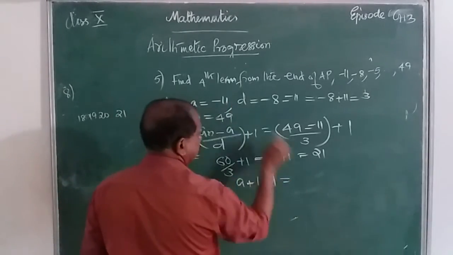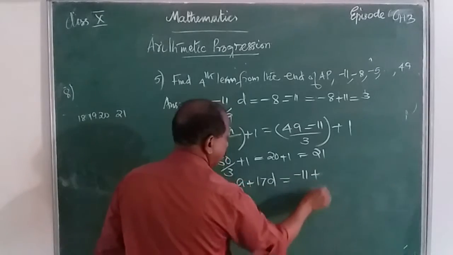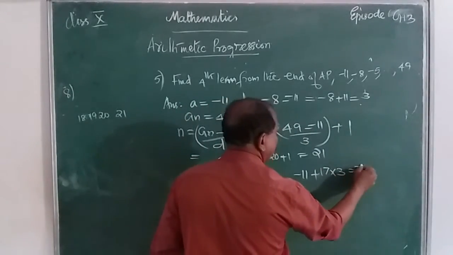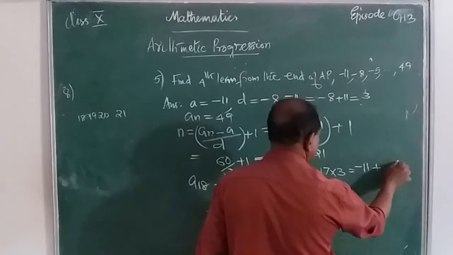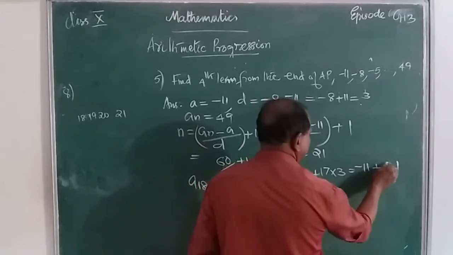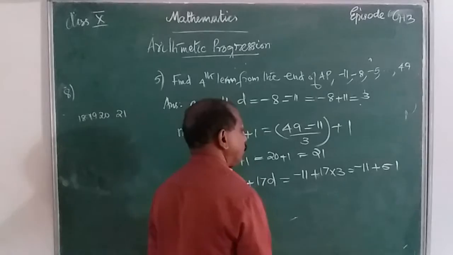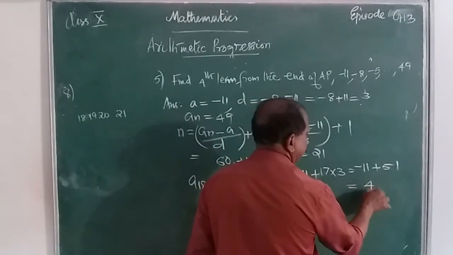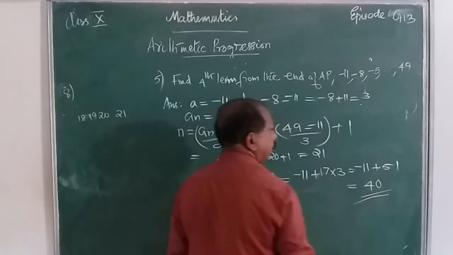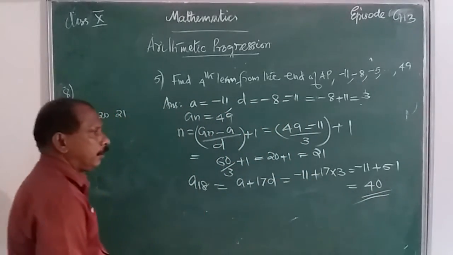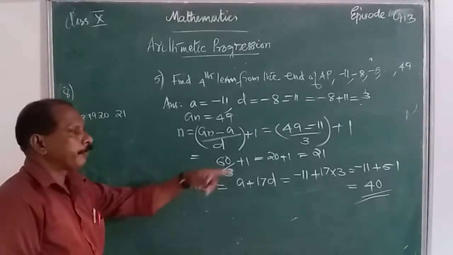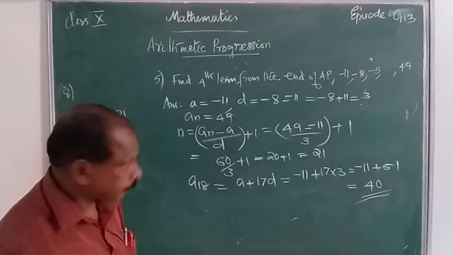What is a? Minus 11 plus 17 into d, 3, is equal to minus 11 plus 51. 51 minus 11 is equal to 40. Therefore, the fourth term from the last is the 18th term, it is 40.